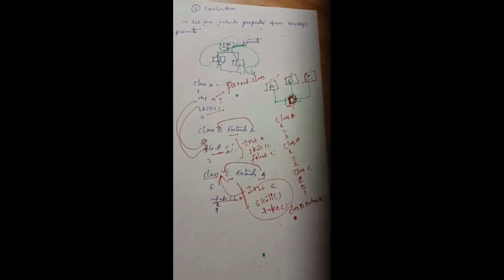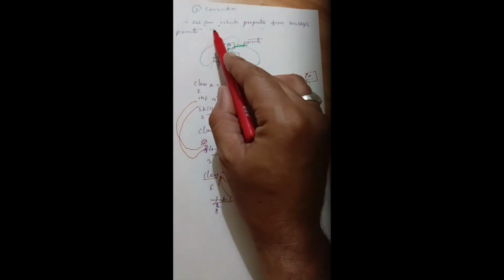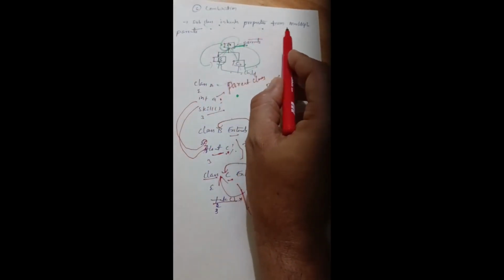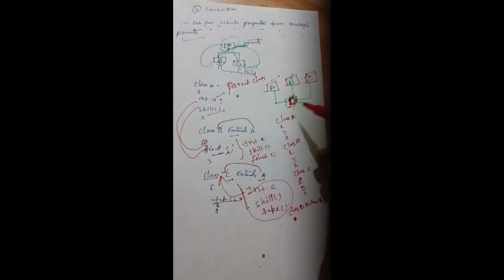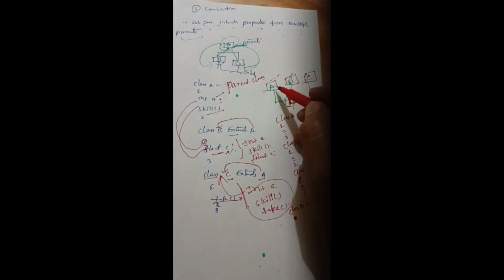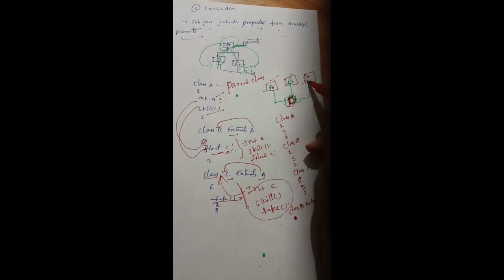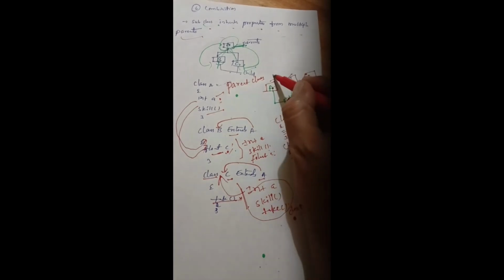The combination is when the subclass inherits the properties from multiple parents. Multiple parents means, for example, A, B, C parents. Now we inherit the properties into D. D is the child class. A is the parent class.